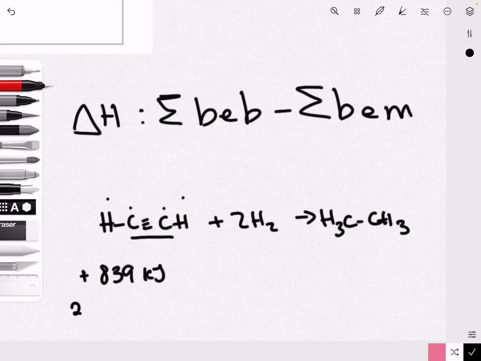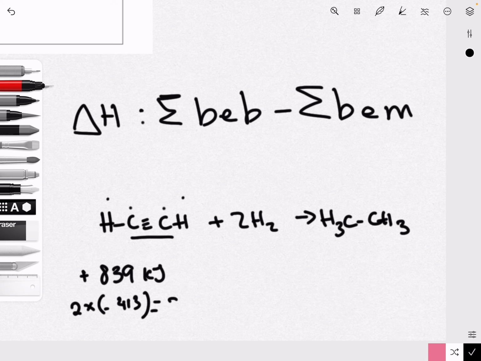So 2 times 413. Now, even though the breaking of a bond is an endothermic reaction, the enthalpy energy of the bond enthalpy can still be positive or negative.